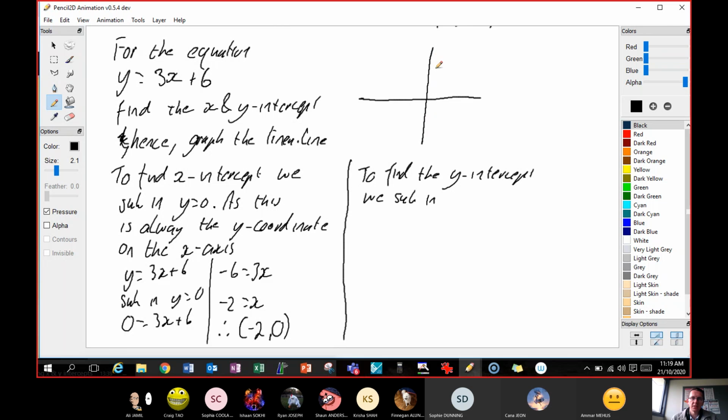Well, we always know that x equals 0. We sub that in as this is always the x-coordinate on the y-axis.